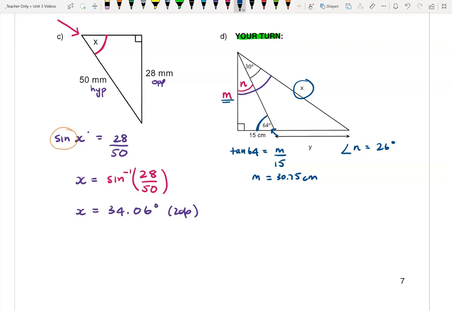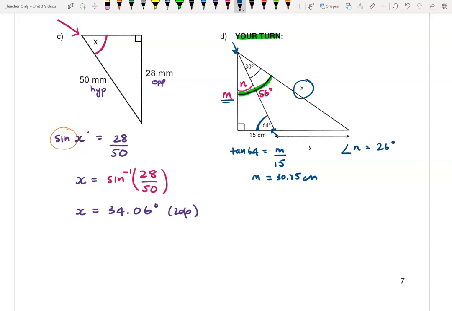That's very helpful because this larger angle that I'm going to highlight in green is going to be 56 degrees. So for the large right triangle, that's going to help me find side x. So looking from this angle of 56 degrees, I know side m, which is adjacent, and I know side x, which is the hypotenuse.